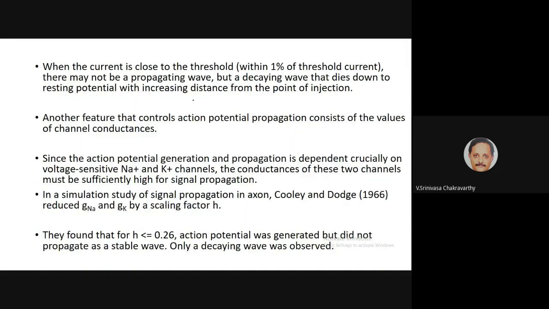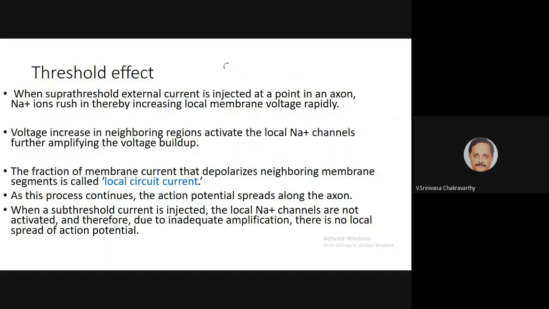If I take this axon and inject current somewhere, just like in the Hodgkin-Huxley model, you have seen in your assignment probably that only when your injected current is more than a threshold will you be able to generate action potentials in the HH model. Similarly, even for axon propagation, only when the input current is more than a threshold will you be able to produce an action potential which is propagating.